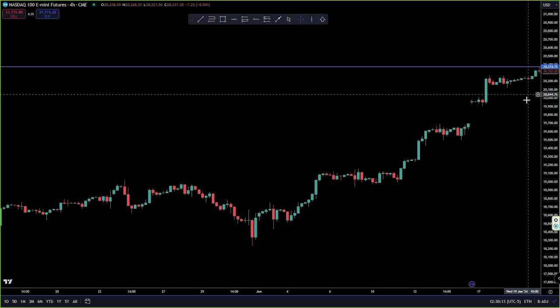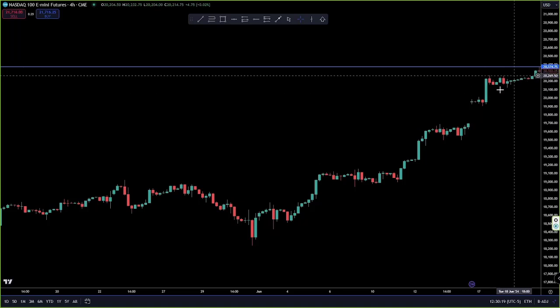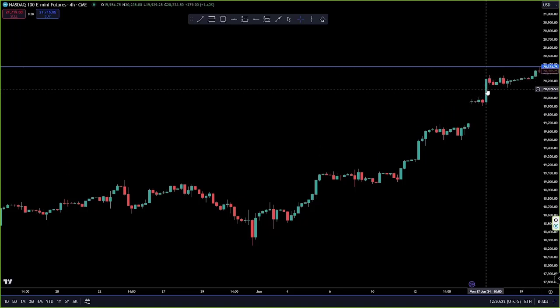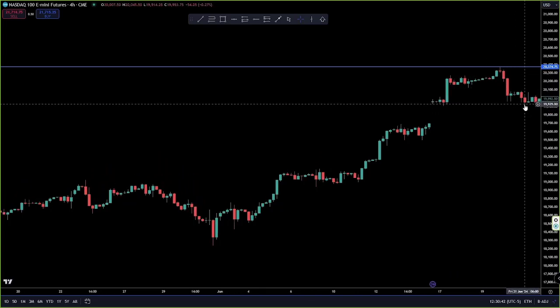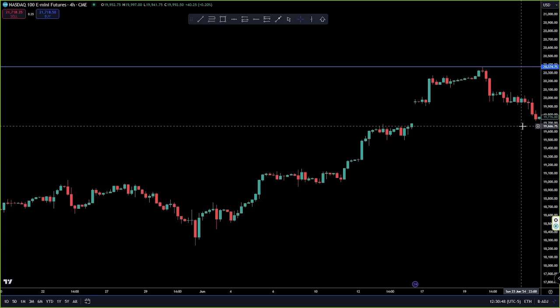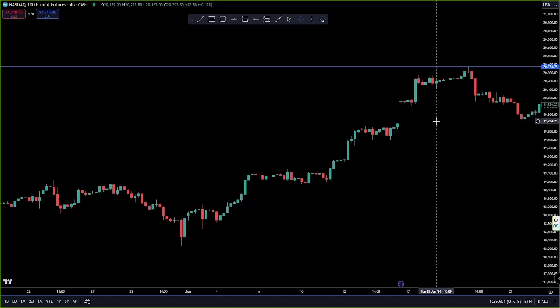If we want to see where it would go, we have this gap here, and this other previous range. And we have this big giant 4-hour candle, which is 279 points, which happened on June 17th. We continue, and price drops down, and look at where it dropped to: right to where the opening of this gap was, and it kept going, almost filling that gap.